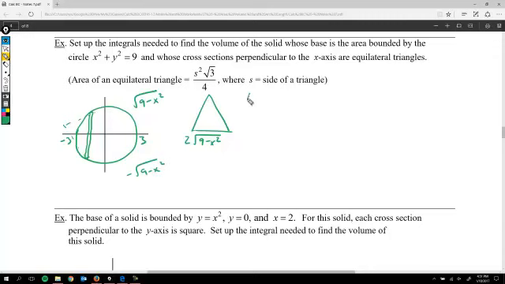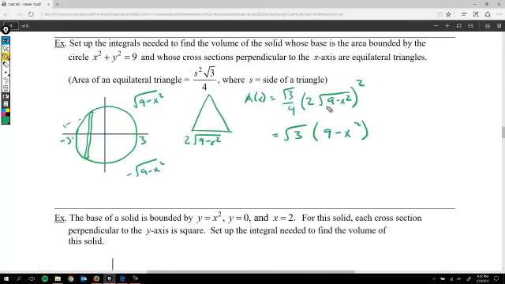Now I can just set up my area. So the area is going to be the square root of 3 over 4, so that's just this right here, and then side squared, and this is my side. All right, and we could simplify that a little bit, and if you simplify it a couple steps, you'll get to right here.